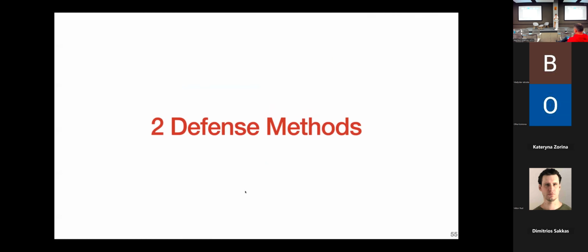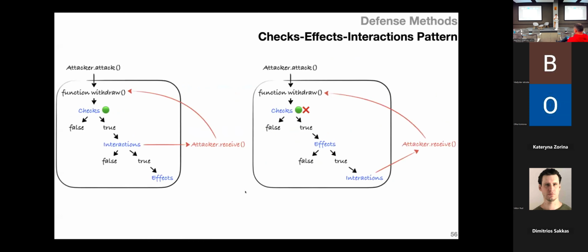Defense methods. Checks-effects-interactions pattern. Earlier, we discussed the role of each stage in the pattern. In this figure, you can see that the external call must come after the first two stages. If the order is incorrect, the final effects stage does not occur before reentry happens.